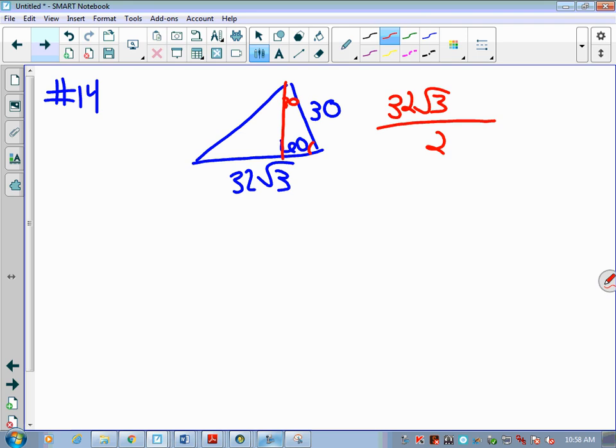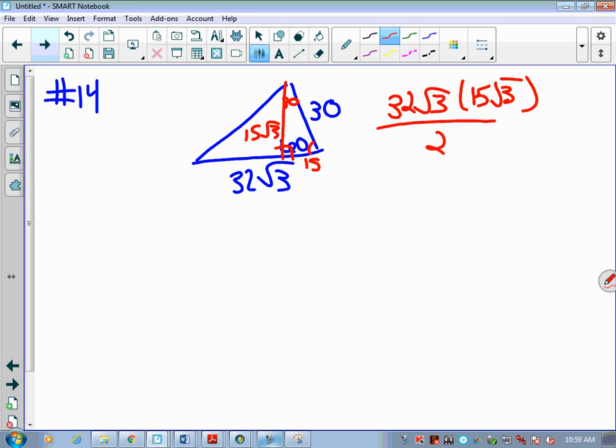Okay, so we would get 15 down here. We'd get 15 radical 3 there, correct? All right, so then I just need to do times 15 radical 3. Okay, 32 times 15 times 3 is essentially what it's going to come out to, because our radical 3's are going to multiply by each other.